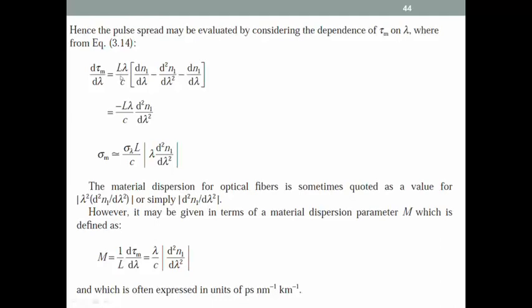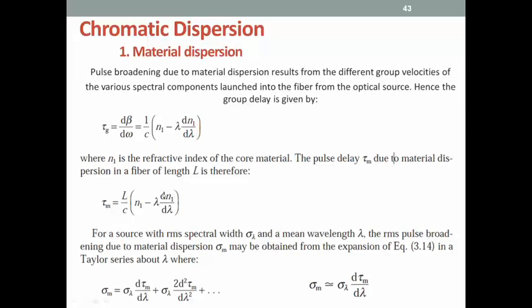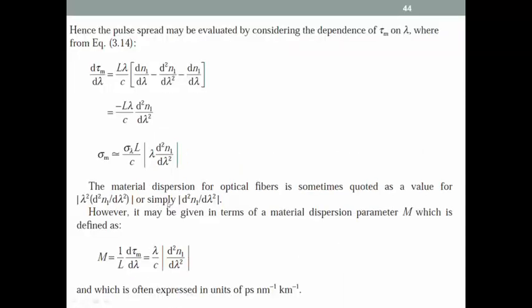So L, I have taken it outside because it is going to be common for everything, and then the UV rule will tell you dn1 divided by d lambda into d lambda by d lambda. D lambda cancels out, and once d lambda cancels out, you will have the expression which is going to be in this way.